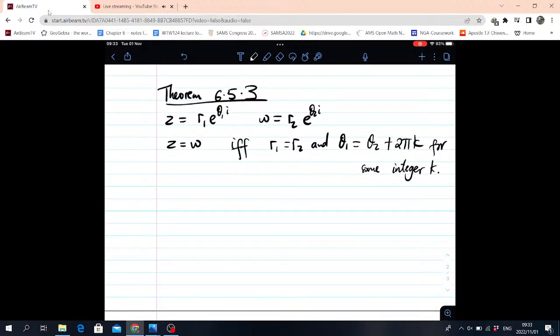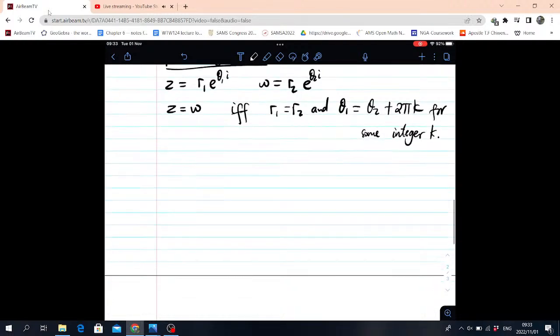Right, so that's the theorem. And now we go on back to our theorem, which tells us how to find nth roots of a complex number. So this is theorem 6.5.4.